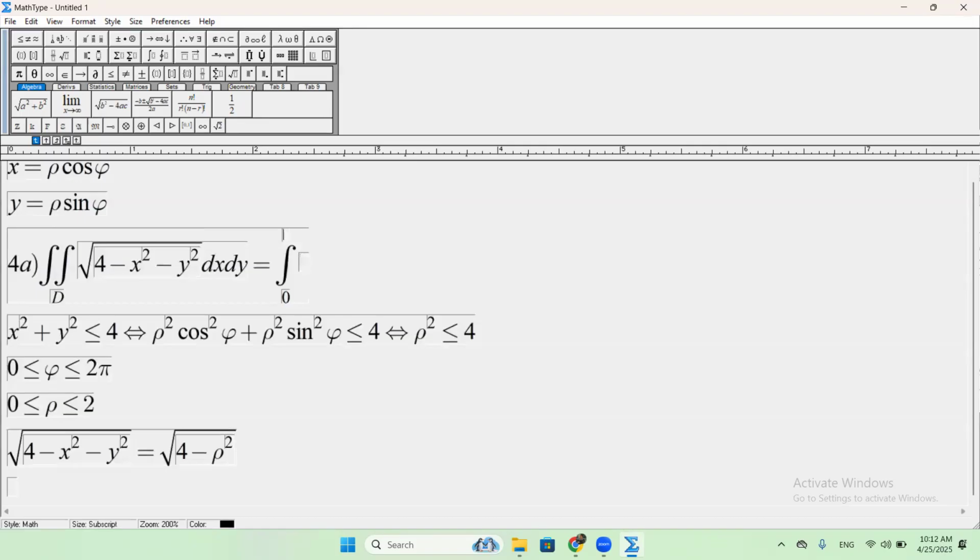From 0 to pi d phi, and the integral inside is from 0 to r. So let me copy and paste this expression, and don't forget to multiply by rho d rho.